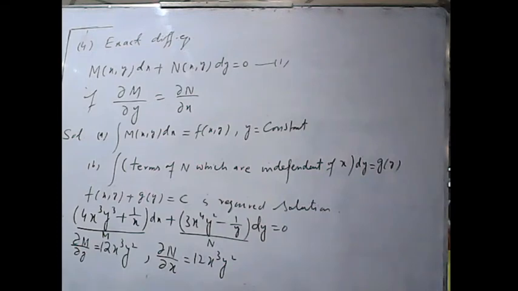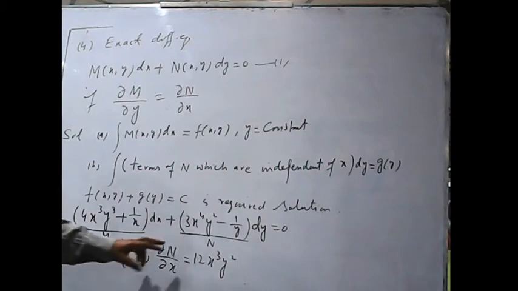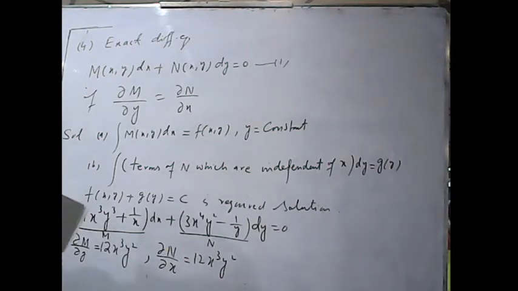So first find capital M as a function of x and y, and capital N as a function of x and y, then find the corresponding partial derivatives. The equality holds because the same expression 12x cubed y square appears in both.